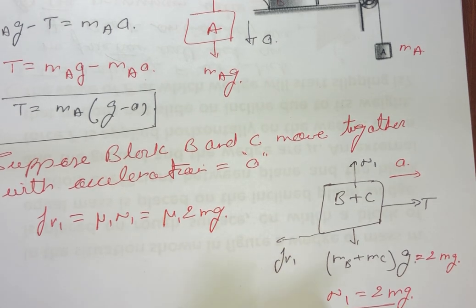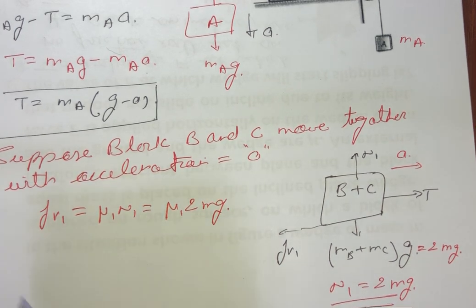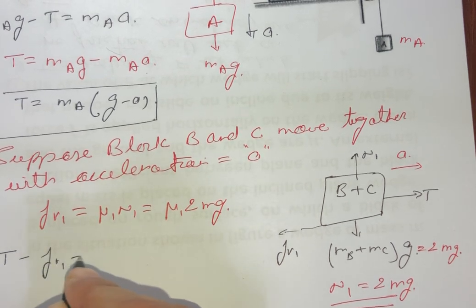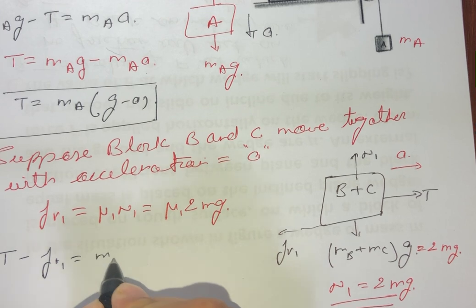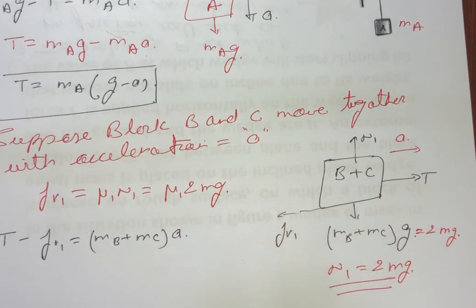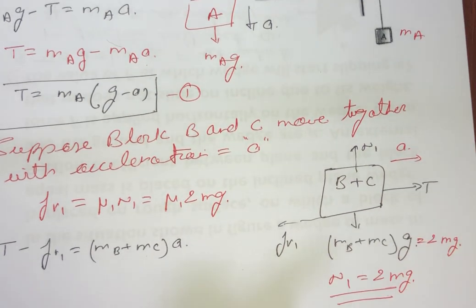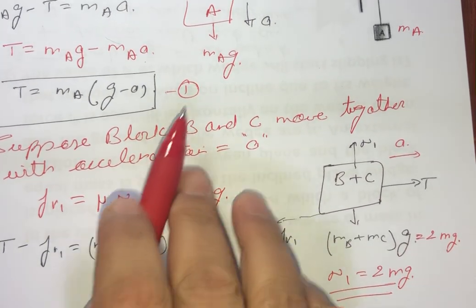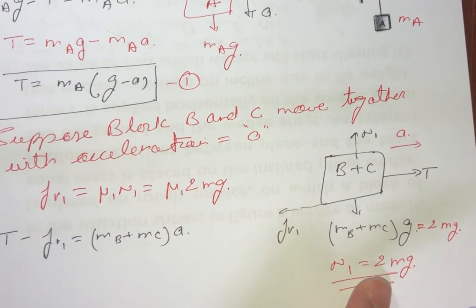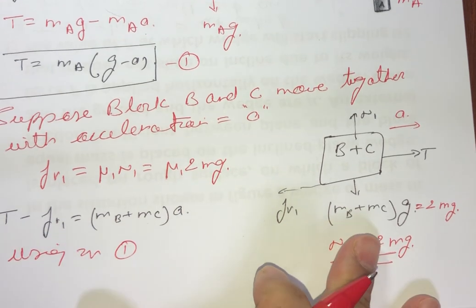So we can write the equation as T minus FR1 is equal to (MB plus MC) multiplied by A. Let us call this equation 1. We already know the value of T, and FR1 is this one, so we substitute the values.